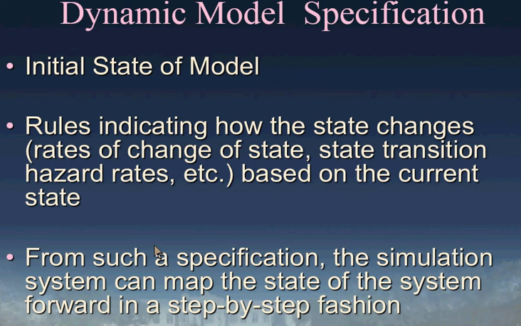We provide some rules that indicate how the state will change based on its current state, either probabilistically or in a deterministic way. The rates of change, the state transition hazard rates, etc. And then from that specification, the simulation will map the state of the system forward in a step-by-step fashion. Okay?